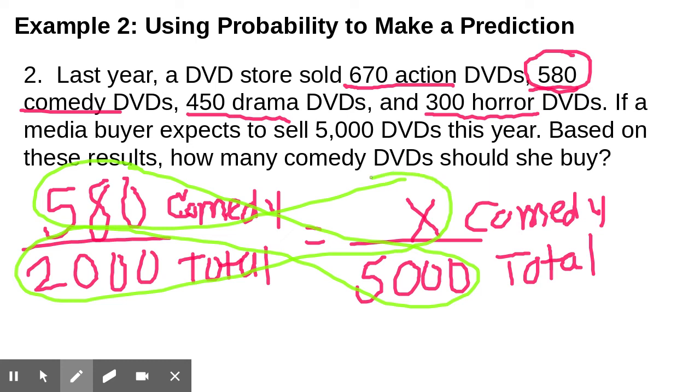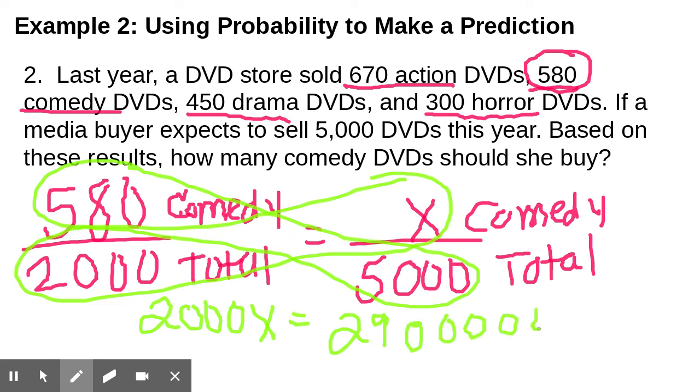I'm going to do 2,000 times x, which is 2,000x. And then I'm going to do 5,000 times 580, and I get a very big number here: 2,900,000.